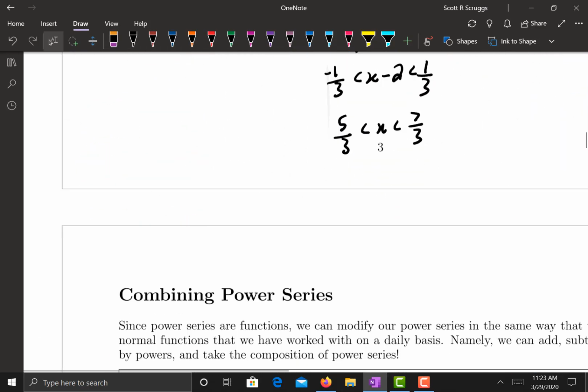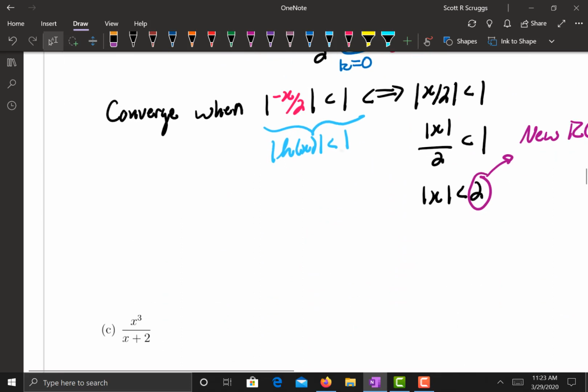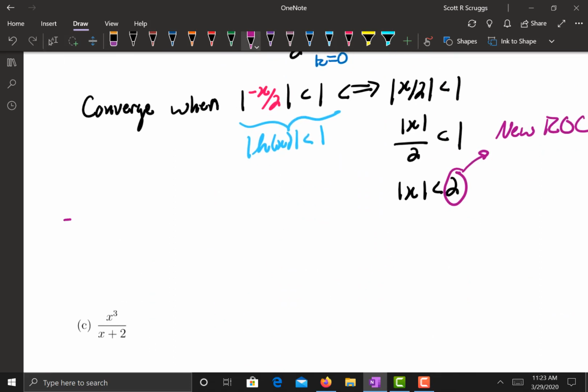Which means that our interval of convergence is going to be -2 to 2.